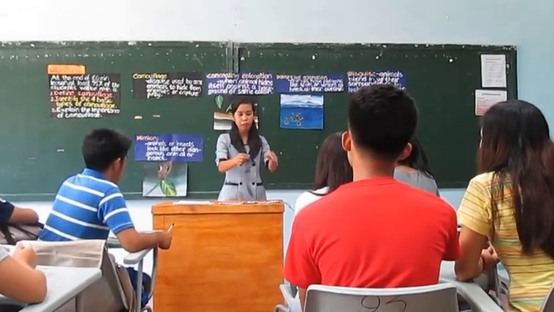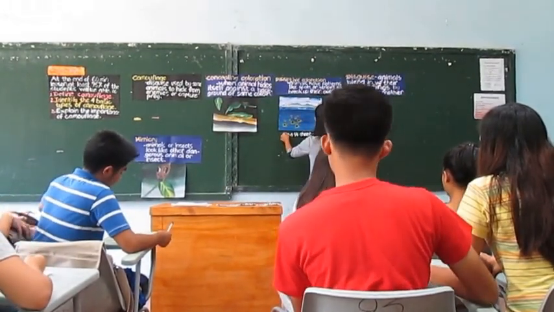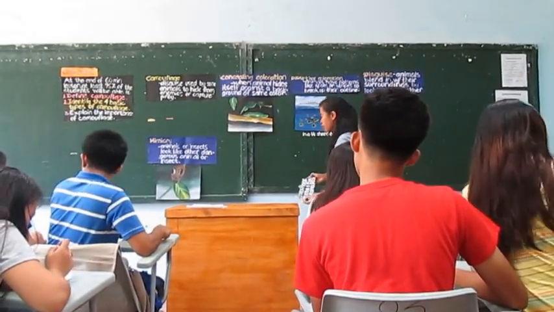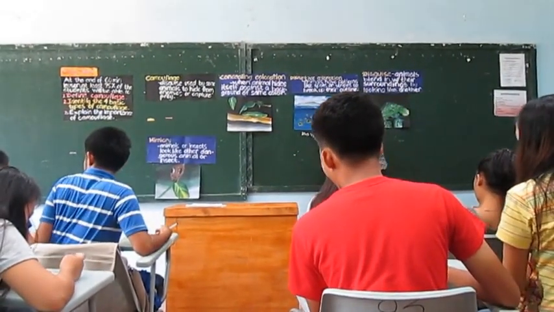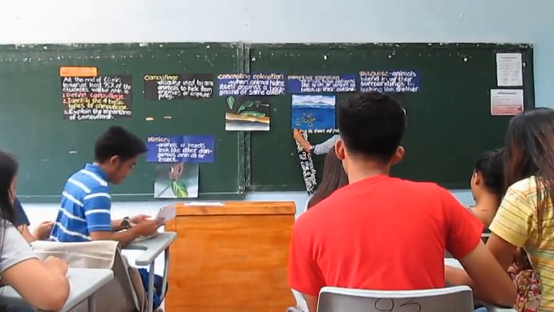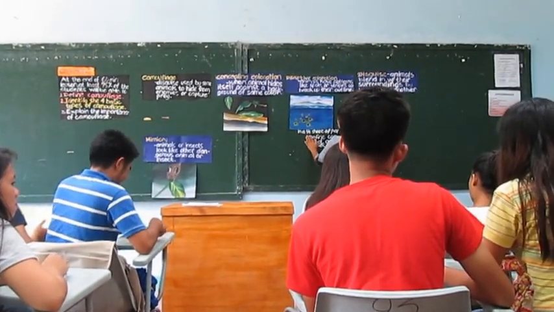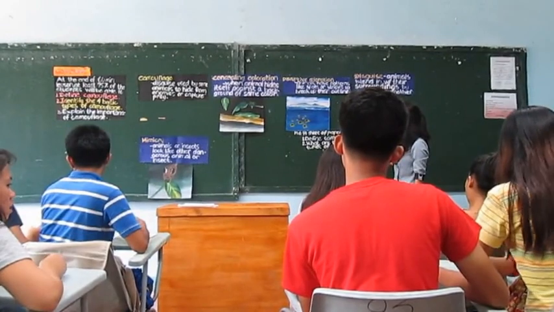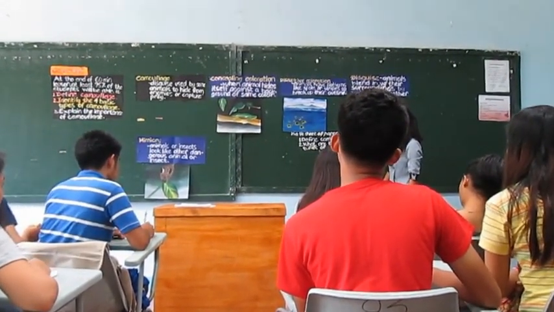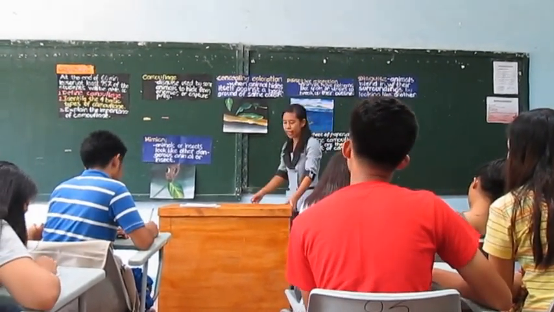As a review, can you please get one more sheet of paper and answer the following? Within 5 minutes, answer the following questions. First, define what is camouflage, and second, what are the four basic types of camouflage? So your time starts now.